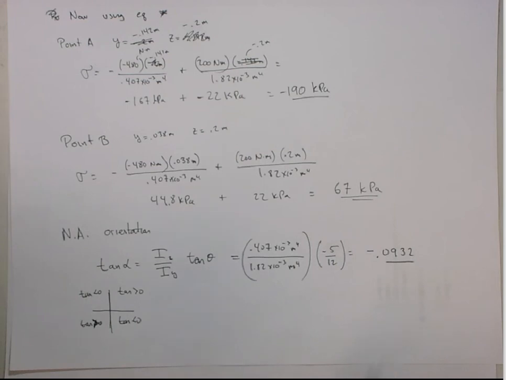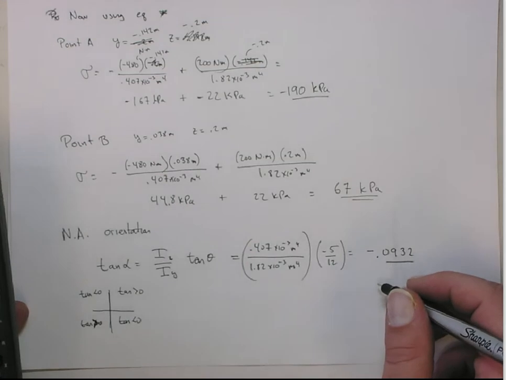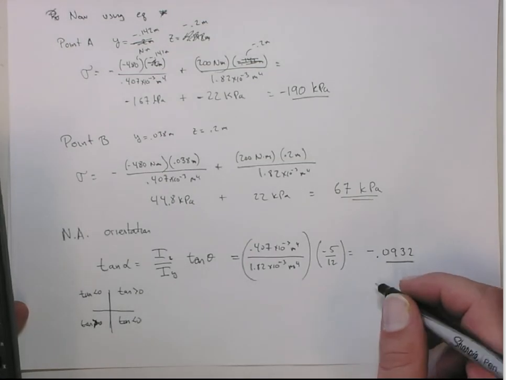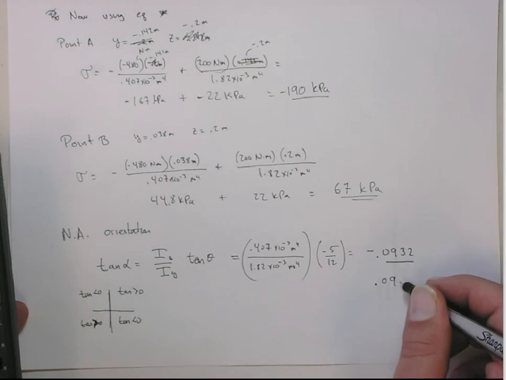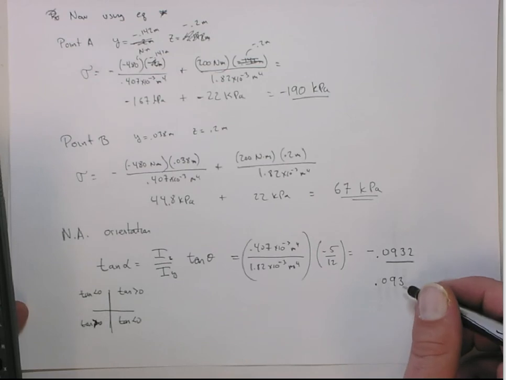All right, so now when I take the atan of that, you want to be careful. That gives me 0.093 radians.